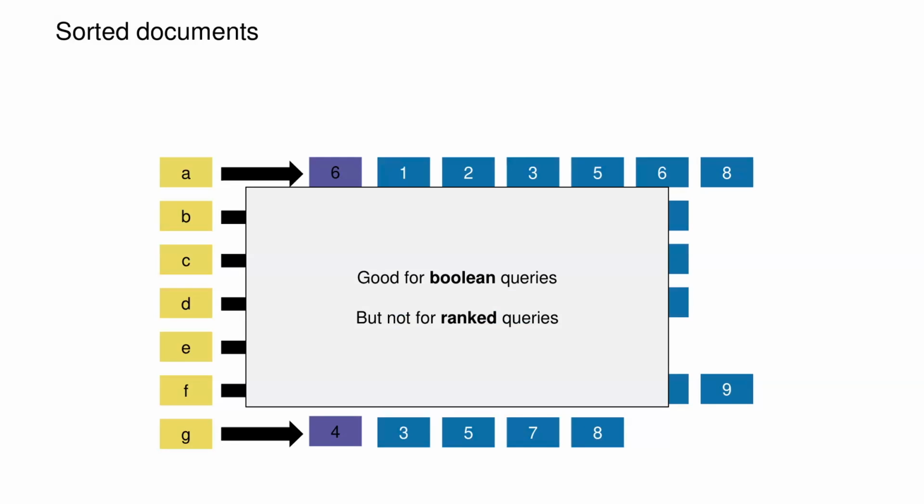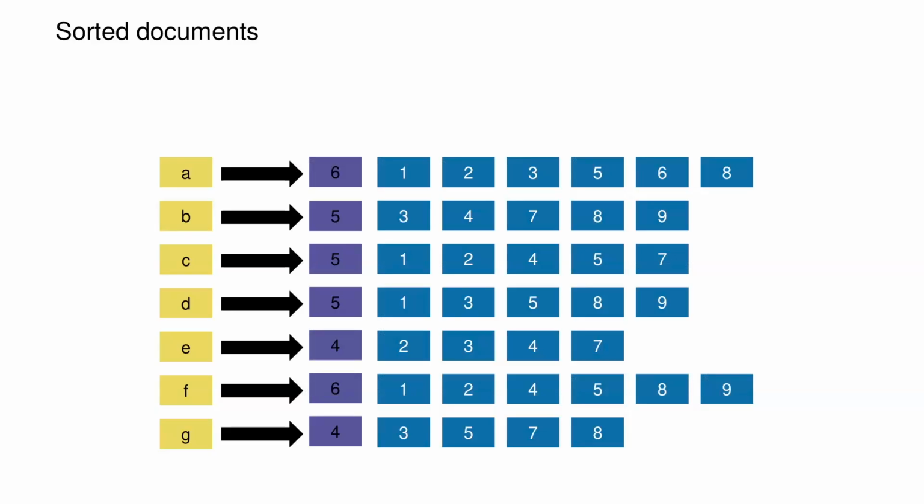Yes, I wanted to say this is basically a transition to what is going to come a little bit later. What we have here in our index is sorted documents, right? Sorted by document ID, so this posting list. And this is great for Boolean querying.